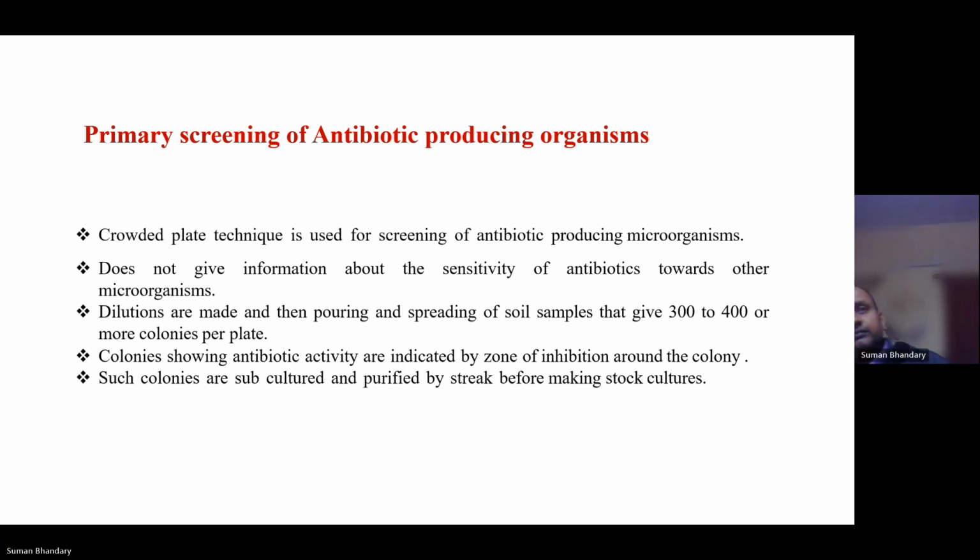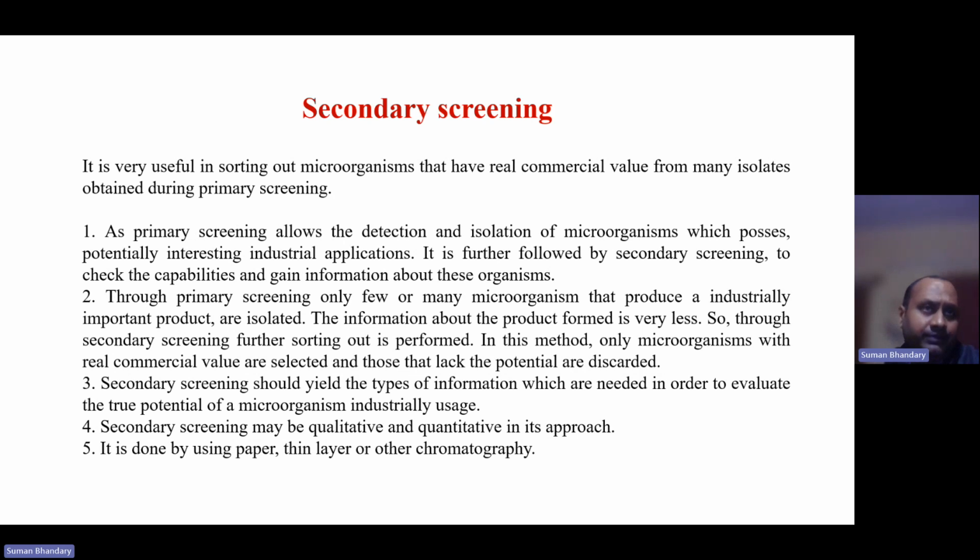Now, we will discuss about the secondary screening approach. So far, whatever we have studied, we came to know that primary screening is usually followed by secondary screening to test the capabilities of organisms which are obtained in primary screening.